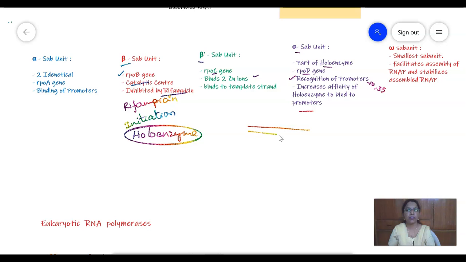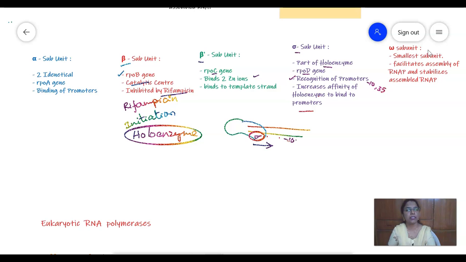If this is a DNA strand, the RNA polymerase will be moving along, searching for the promoter sequences. Once it finds them, the sigma subunit recognizes the promoter sequences, thereby increasing the affinity of the holoenzyme to bind to the promoters.